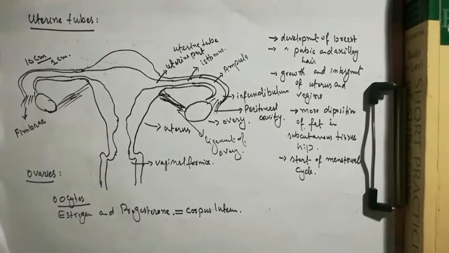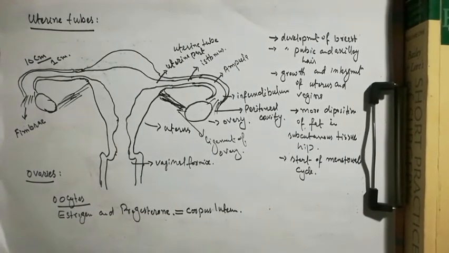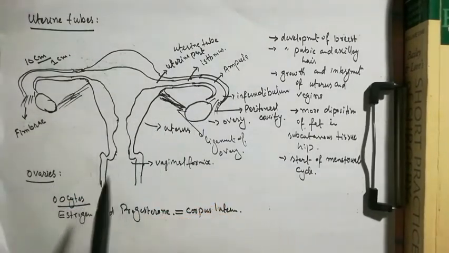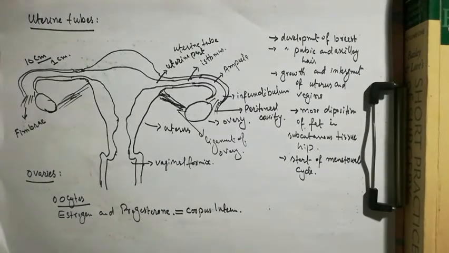Primary sexual characteristics are presence of reproductive organs at birth. Primary sexual characteristics of male are presence of penis and testes at birth, while primary sexual characteristics of female are presence of vagina, uterus and ovaries at the time of birth. After discussing brief anatomy of reproductive system, now overview of female reproductive cycles.